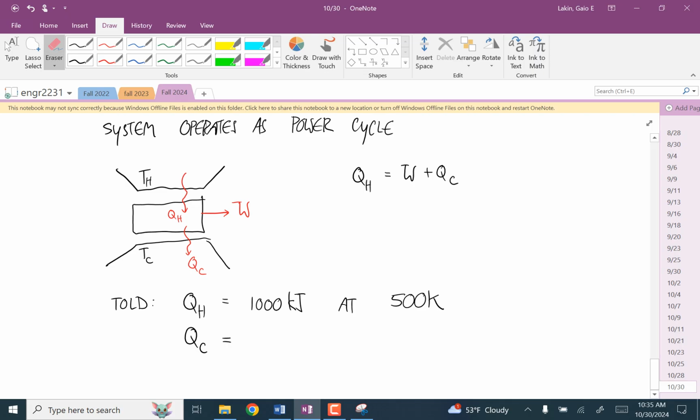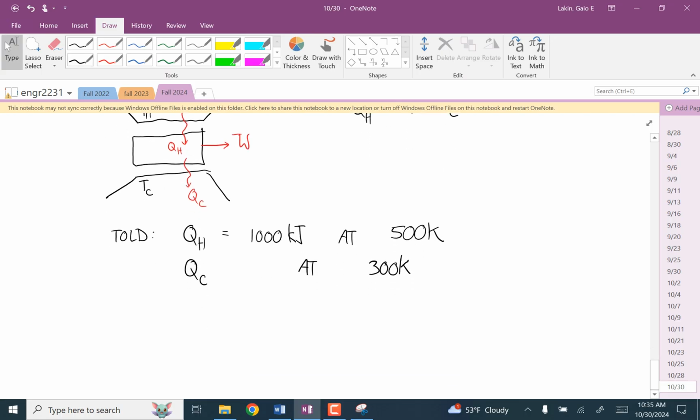We don't know how much that is, but we know that the temperature at that cold reservoir is 300 Kelvin. And we want to determine this value of sigma if we know that the efficiency is 0.2.